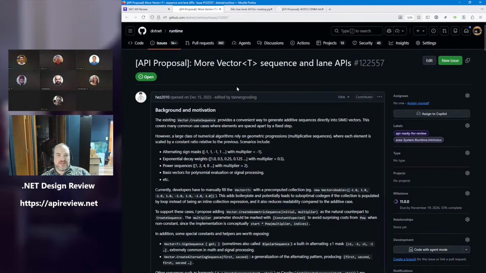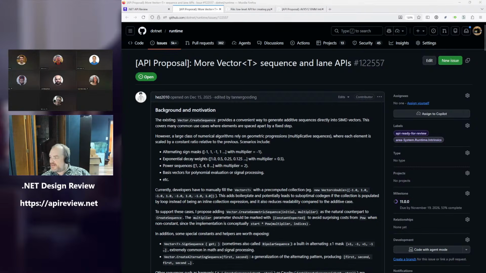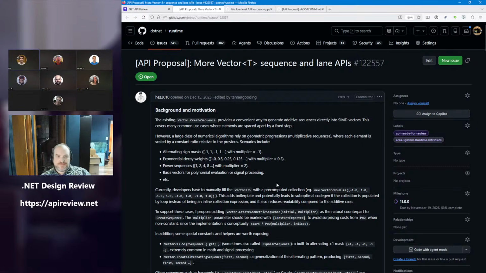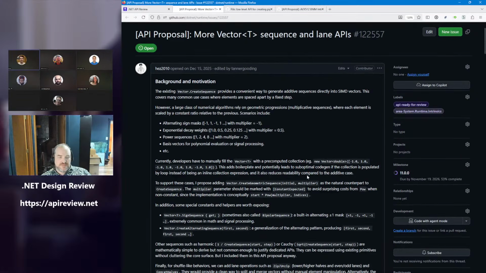Tanner, let's see what of your things we can get through before you gotta go. So, more vector, sequence, and lane APIs, 122.557. Continuing along the premise of exposing more cross-platform APIs covering common operations users need.